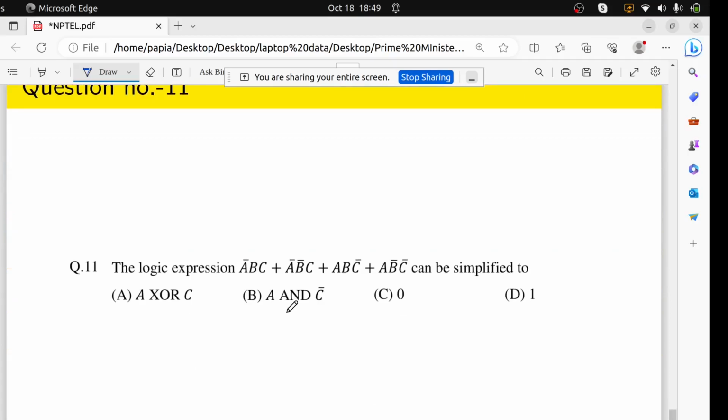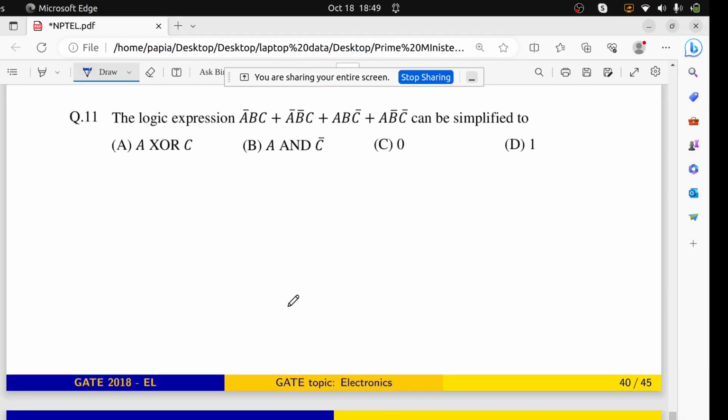The logic expression A bar B C plus A bar B bar C plus A B C bar plus A B bar C bar can be simplified to what? Okay, so first of all, we will write this one and simplify it.